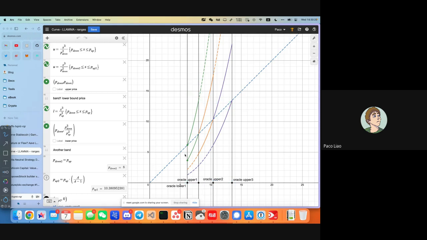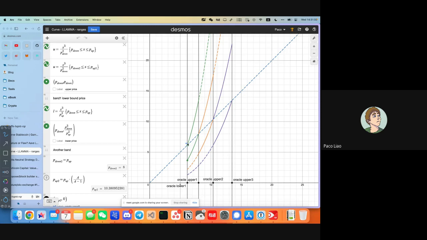With the blue line, let's assume the y-axis is the AMM price. With the blue line, AMM price will be equal to external price. So you can see the upper range price and the lower range price go faster than the blue line. So the upper price and the lower price will be growing faster than external prices. This also applies to market price.